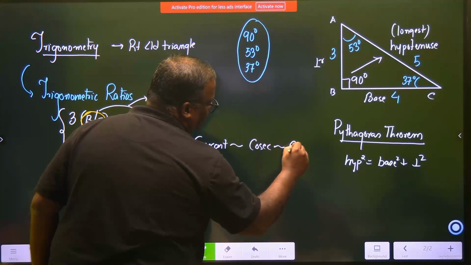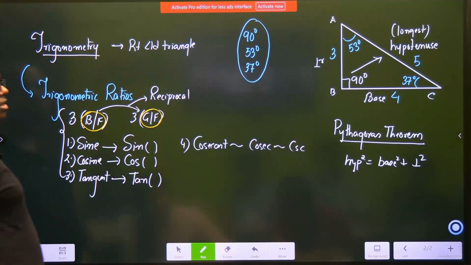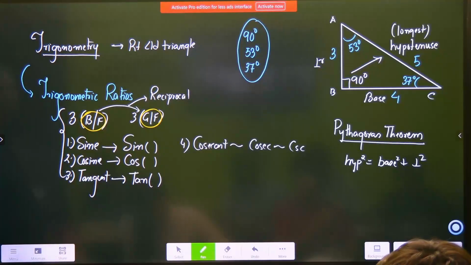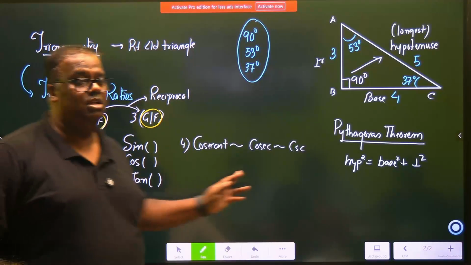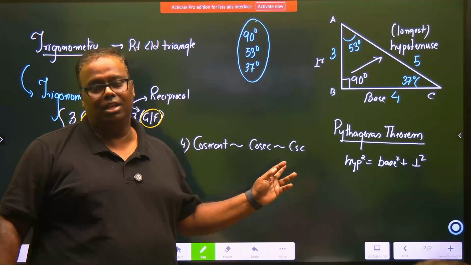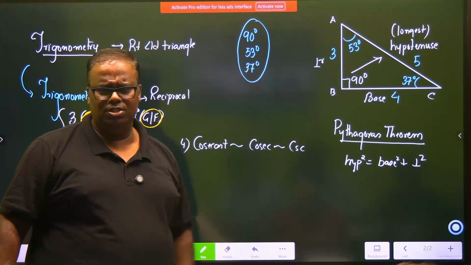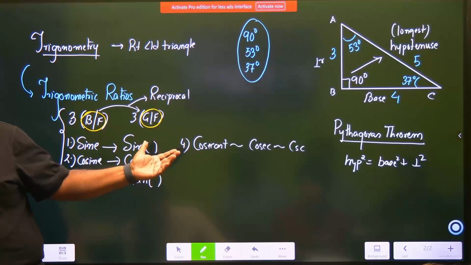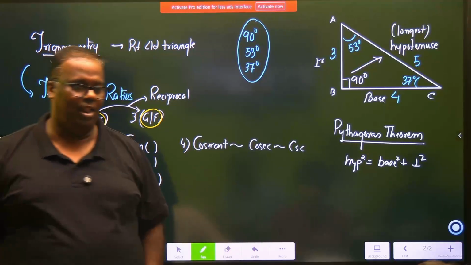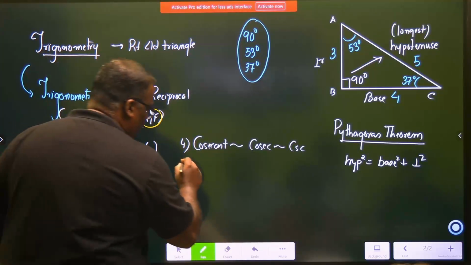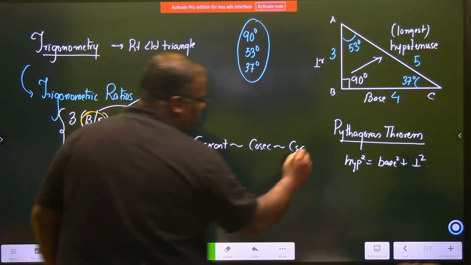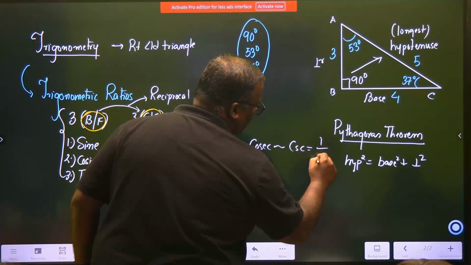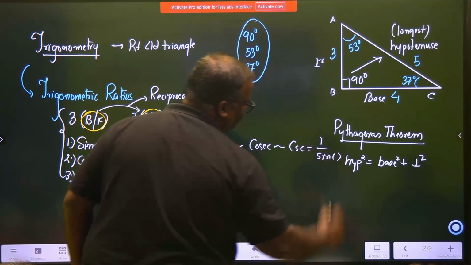Foreign books will write it as CSC, and in more stylish foreign books they will write it as arcsine. ARC sine likha rahega. When American university they'll not say taking cosec, they'll say arcsine, arccos, arctan. Okay, the fifth one is the reciprocal. So cosec, this is same as 1 upon sine.